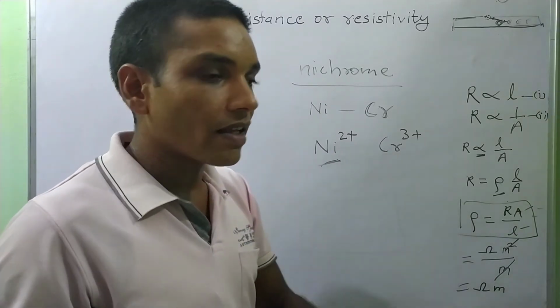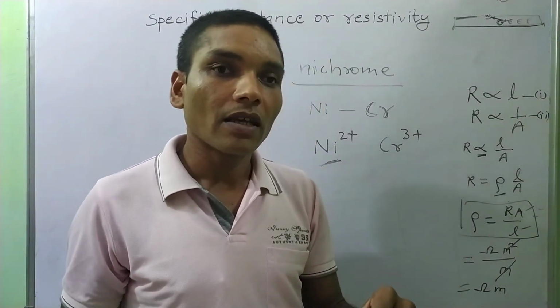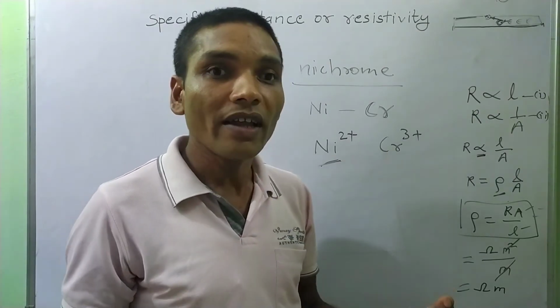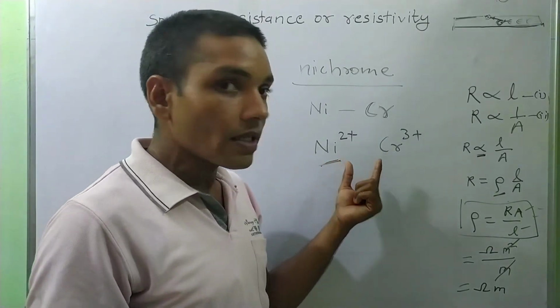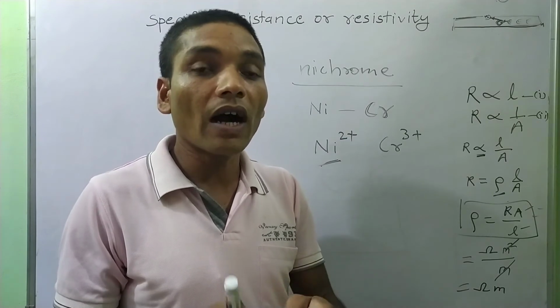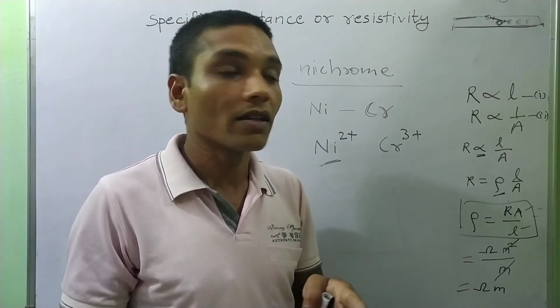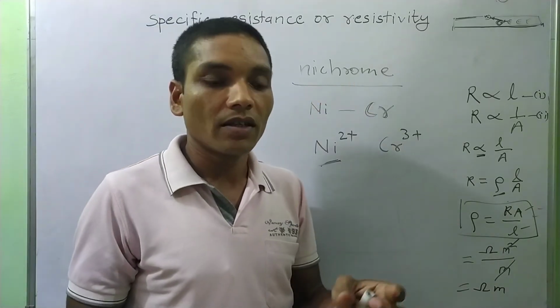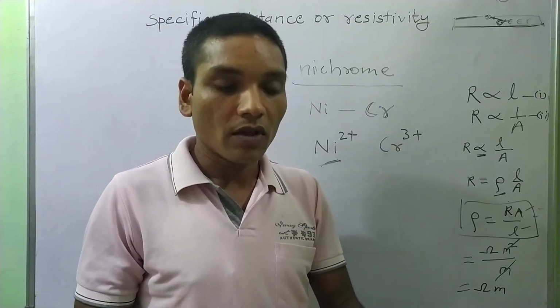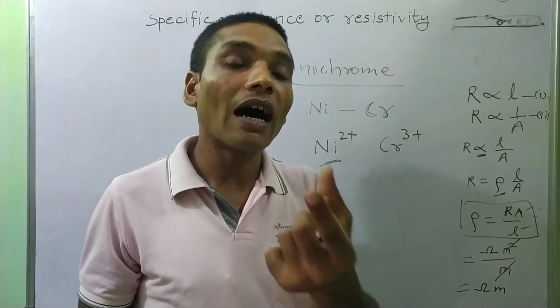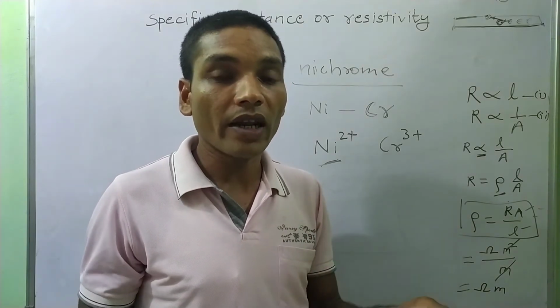So in the lattice of the alloy, the distribution of ions will be different. In the nichrome alloy, the distribution of the size of the ions will be different.